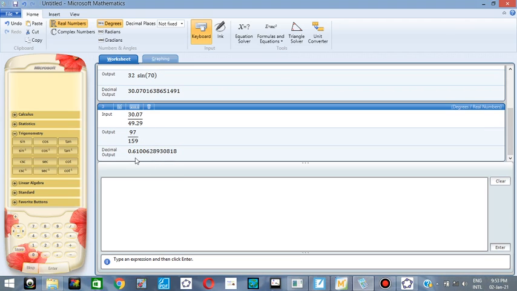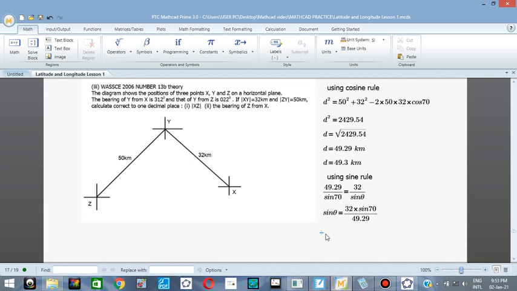Okay, that is 0.61. So what I have here is sine theta is equal to 0.6101, if I take it to 4 decimal places. So therefore my angle theta is going to be equal to the arc sine, the sine inverse, of 0.6101.